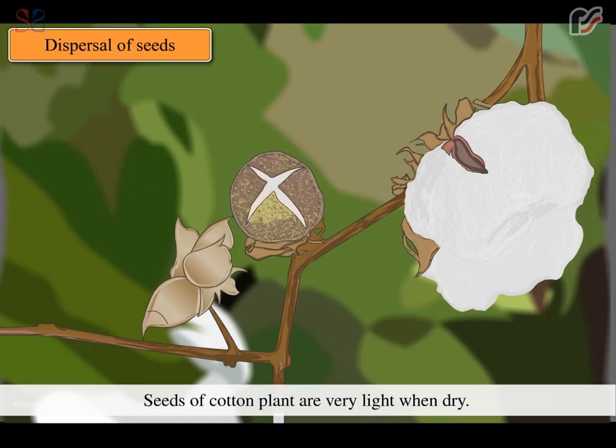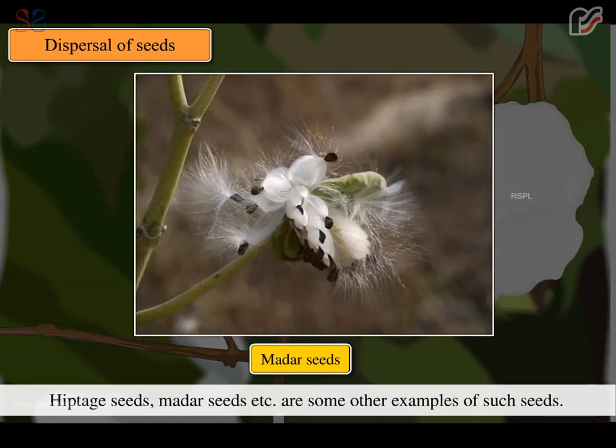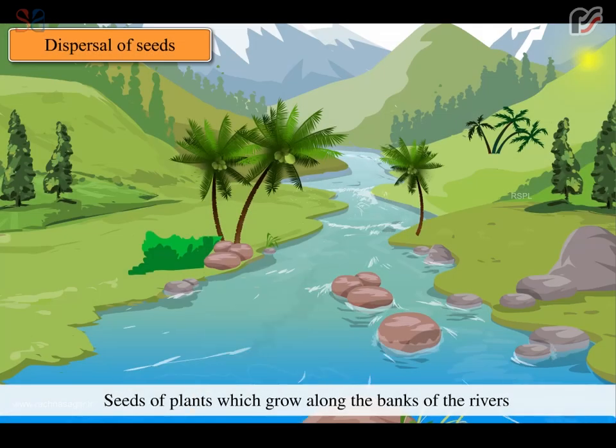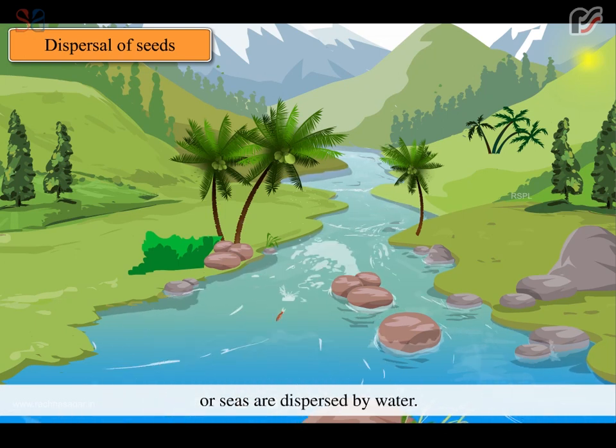Seeds of cotton plant are very light when dry, so these seeds are easily carried away by wind to distant places. Heptate seeds, madar seeds, etc. are some other examples of such seeds. Seeds of plants which grow along the banks of rivers are dispersed by water.